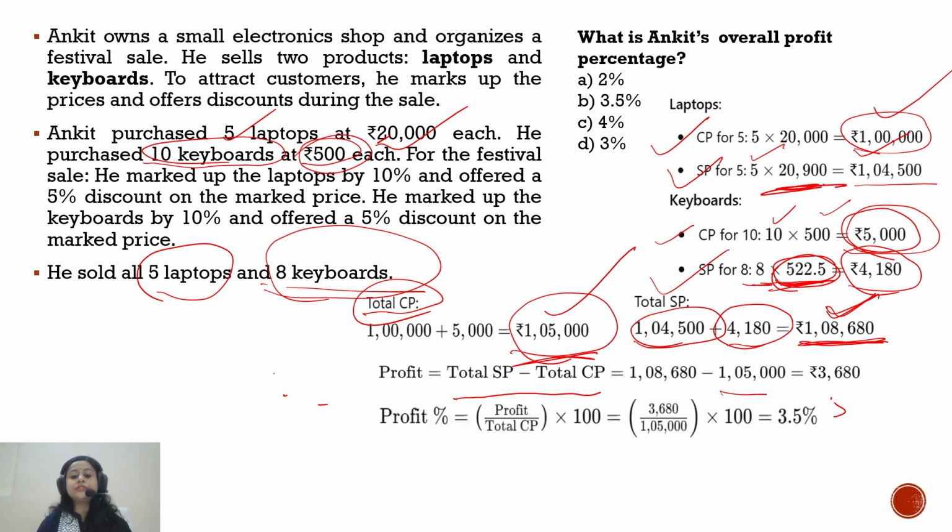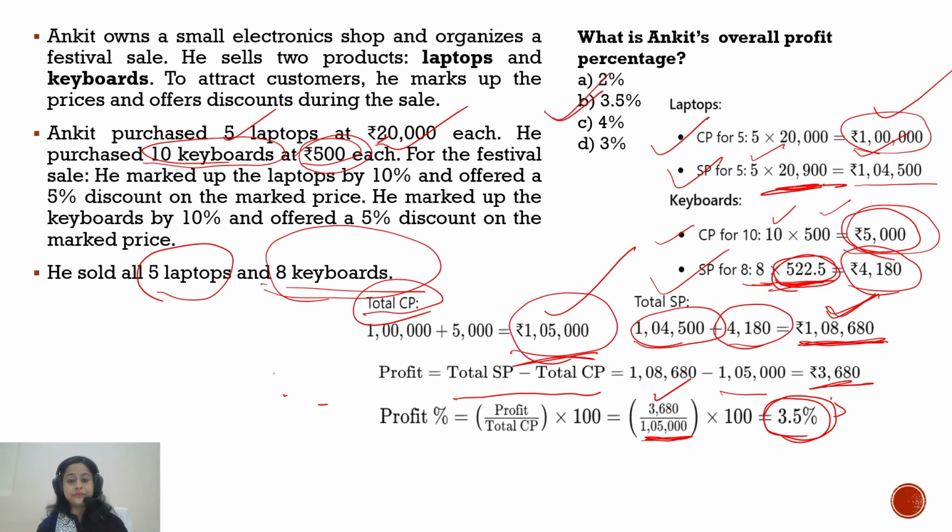So here profit percentage will be total profit earned by total cost price into 100, that is 3,680 by total cost price into 100, which, if you simplify it, will give you 3.5%. So the overall profit earned is 3.5%.